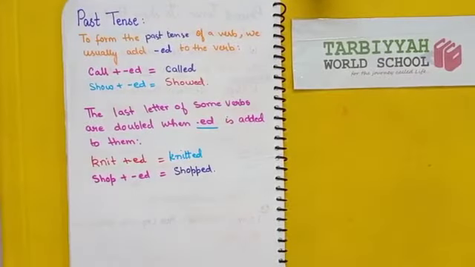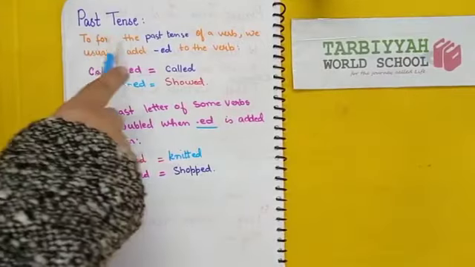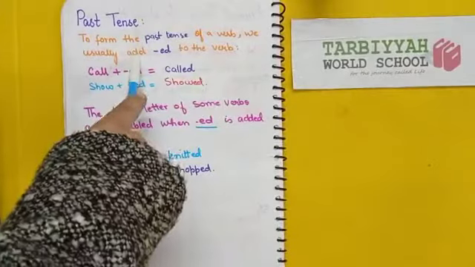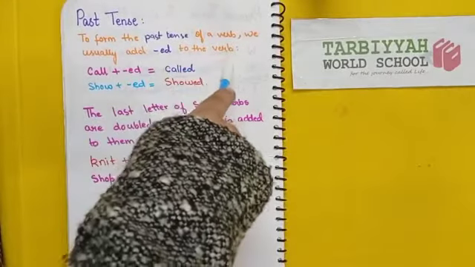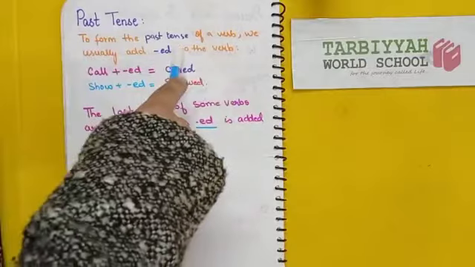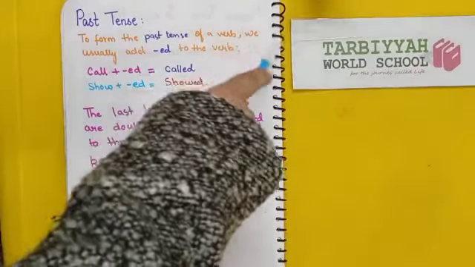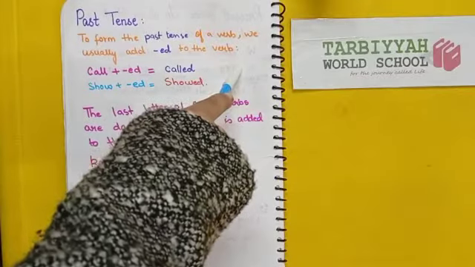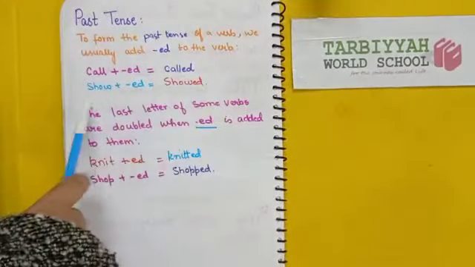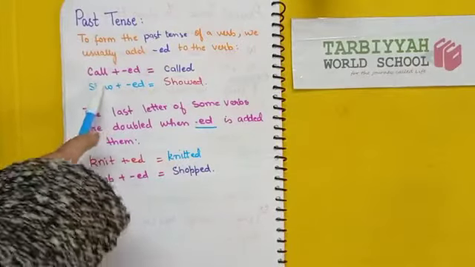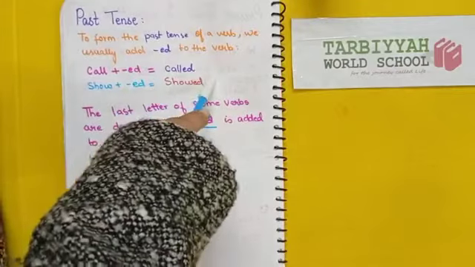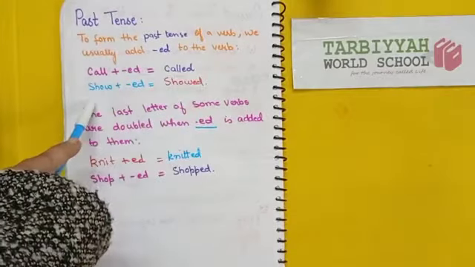Now see past tense. To form the past tense of a verb, we usually add ed to the verb. To form the past tense of a verb, we usually add ed to the what? Verb. Yes. C-A-L-L, call. We have to add ed. It's called. Show.